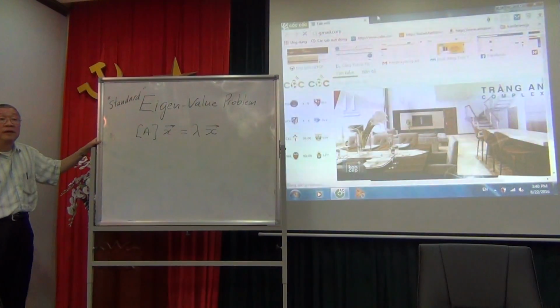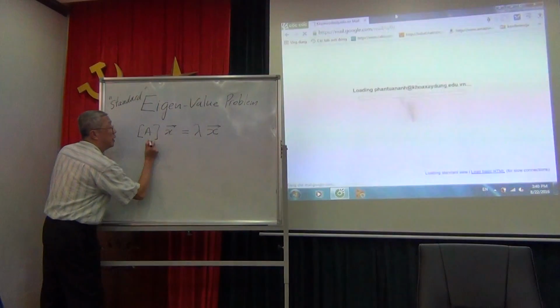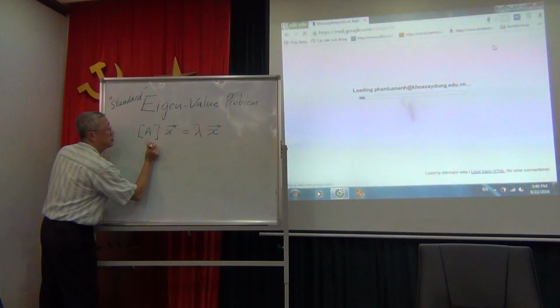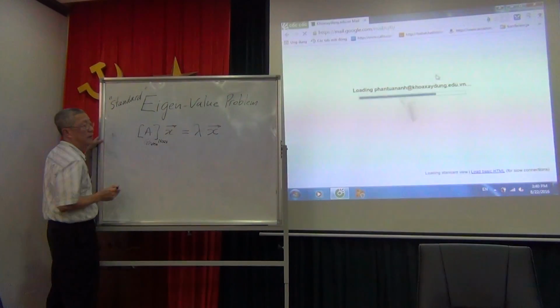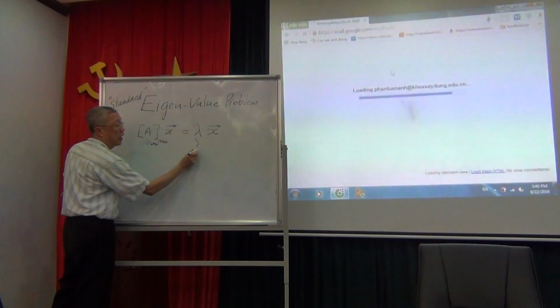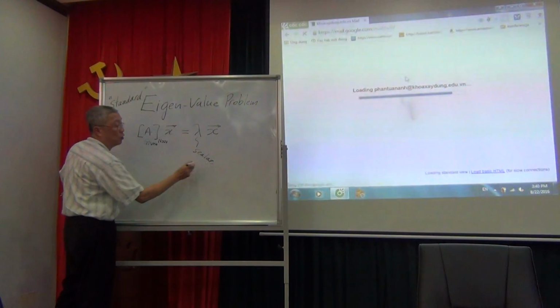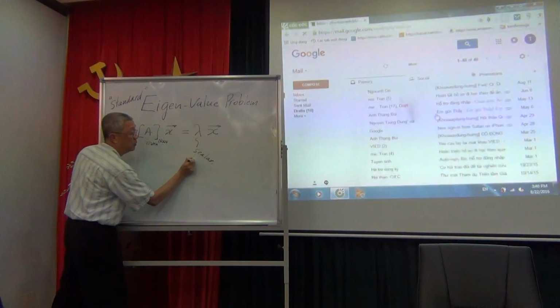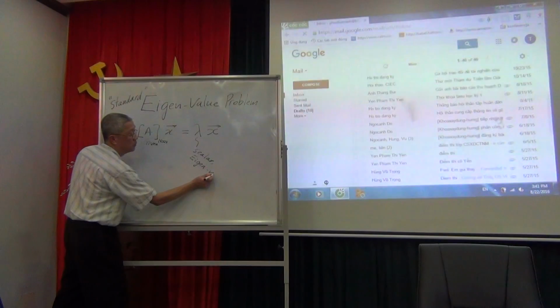Okay. So, suppose you are given the matrix A. This is given. Matrix A is given. It's an n by n. Lambda here is a scalar, which we call the eigenvalue.